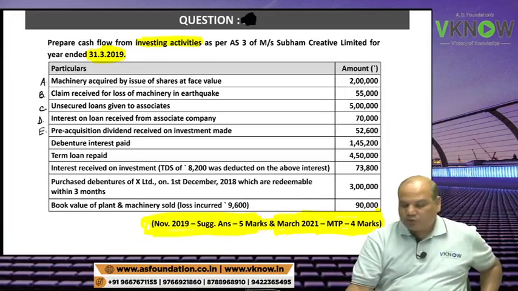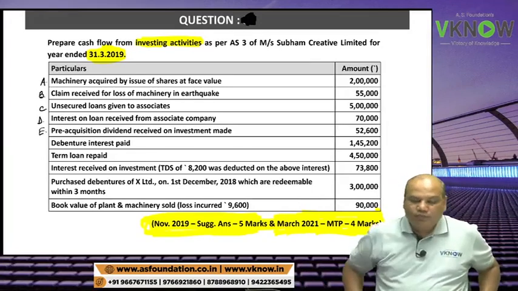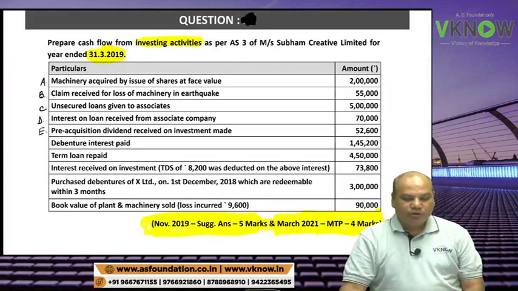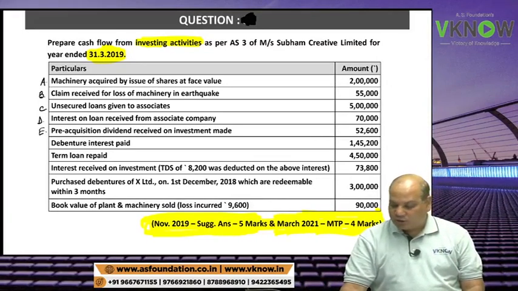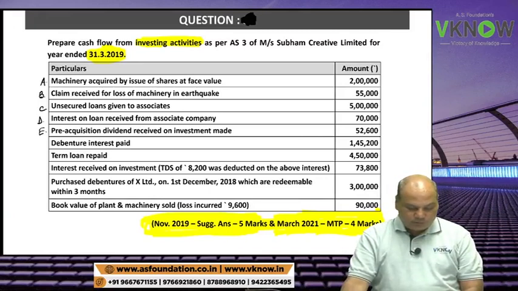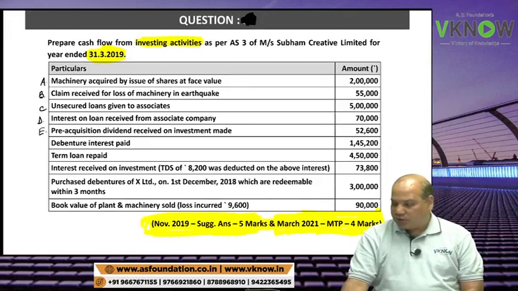Point B, claim received for loss of machinery in earthquake, 55,000.